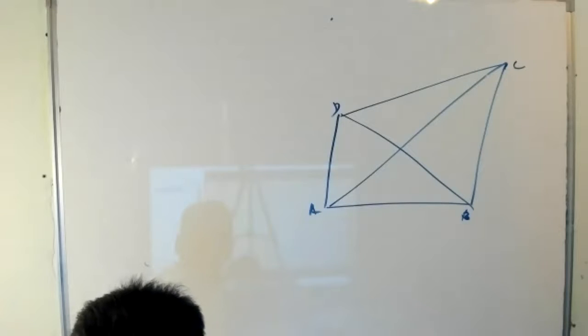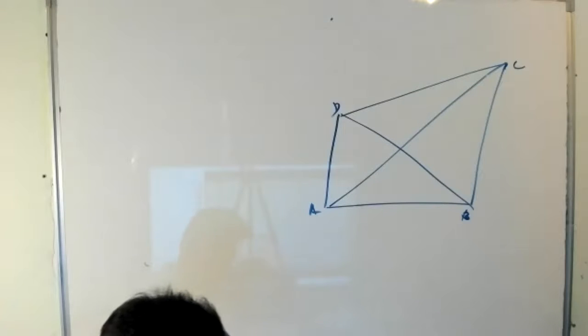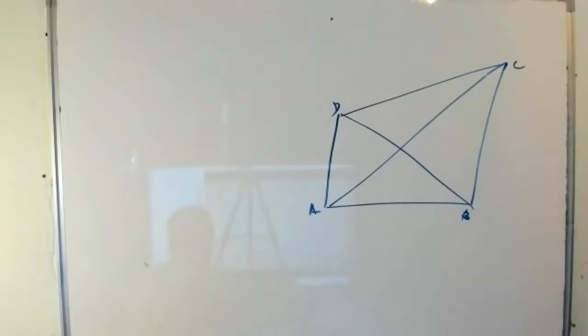Can you repeat what you said? Two sides of a quadrilateral are adjacent sides if they have a common point. Look here: AB and BC, B is common. BC and CD, C is common. CD and DA, D is common.